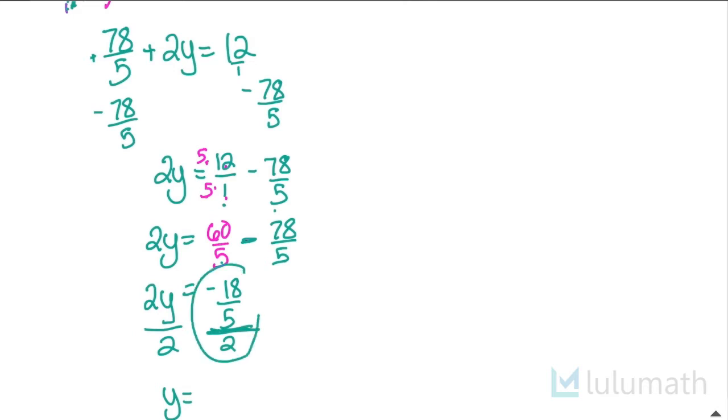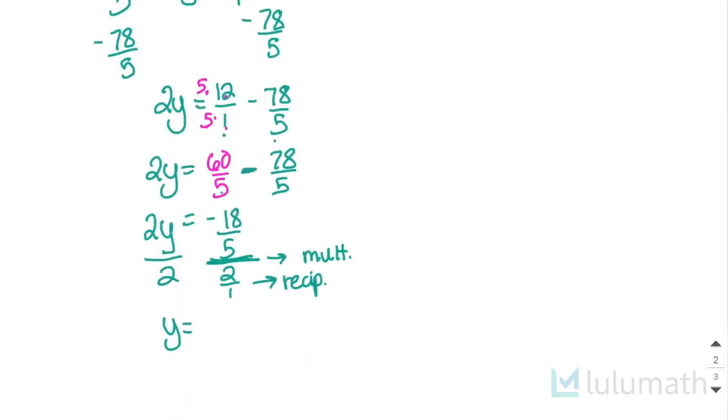But remember that when you divide by 2, it's the same thing as multiplying by the reciprocal. So this is 2 over 1. It's essentially negative 18 over 5, and I'm going to multiply here instead of divide. The reciprocal of 2 over 1 is 1 over 2.